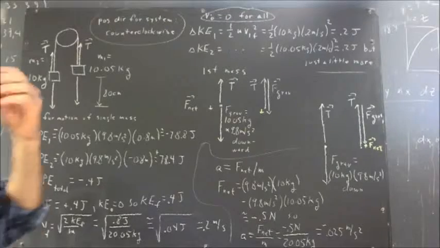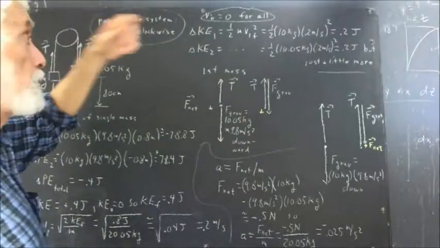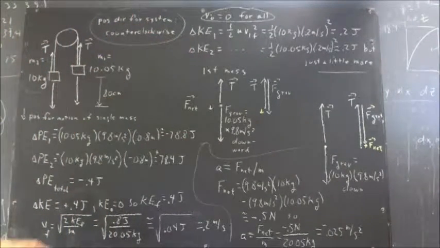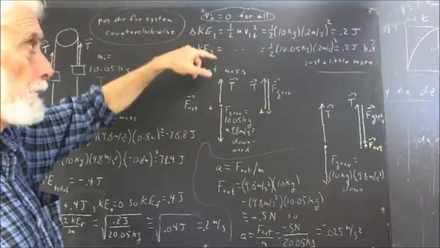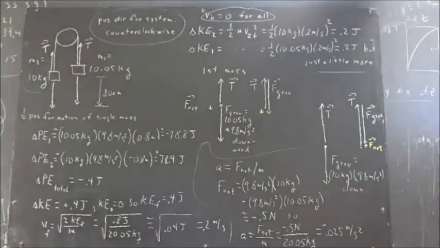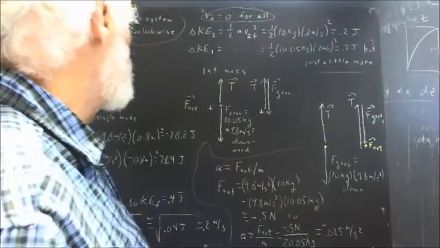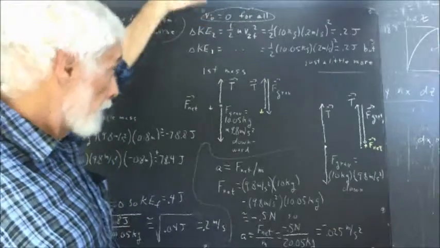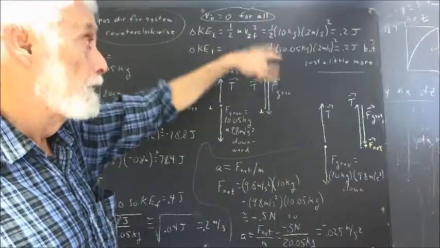Okay, now looking at the individual kinetic energies. Actually, I've got the subscripts wrong, this would be mass 1, this would be mass 2, let me correct that. Okay, we find that the change in kinetic energy of the second object, starting from rest, is just 1/2 mass times the final velocity squared.